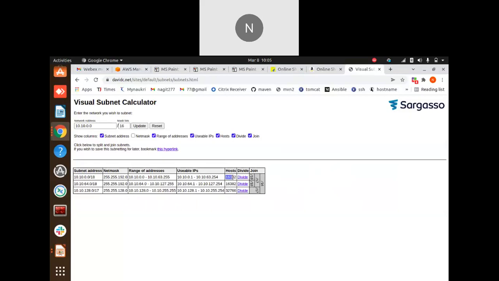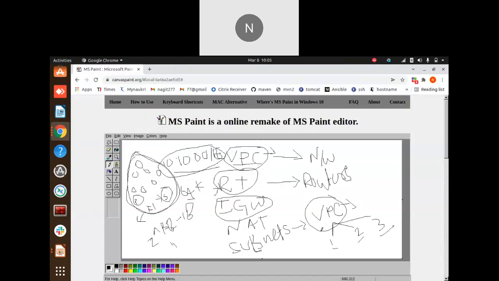I will explain this clearly when we are creating the subnets. When we go to the practical, I was just explaining the theoretical things, so you will understand what is VPC, what is route table, what is internet gateway, what is subnet. When I create it practically, you will get a better understanding.